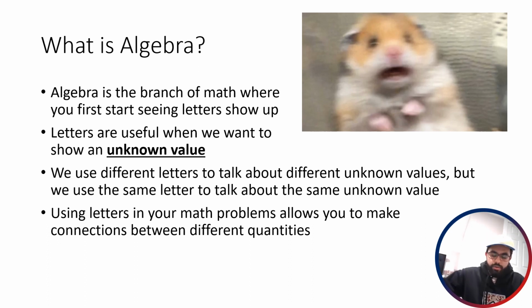So don't worry about that too much for now. On this slide, I just want to talk about the fact that we use different letters if we're talking about different unknown values, and we'll use the same letter to talk about the same unknown value. So for instance, if you want to talk about the same number a bunch of different times in the same math problem, but you don't know what that number is, you use the same letter every single time.